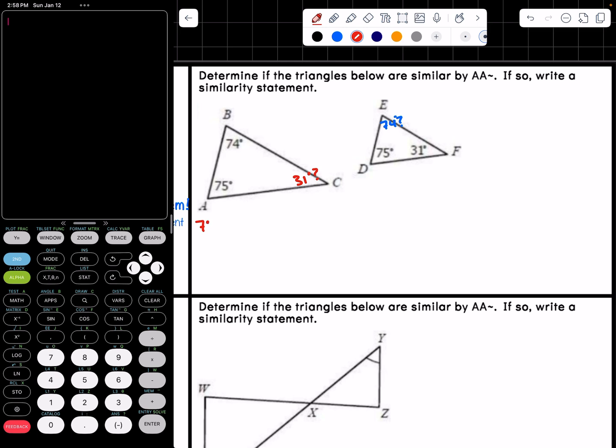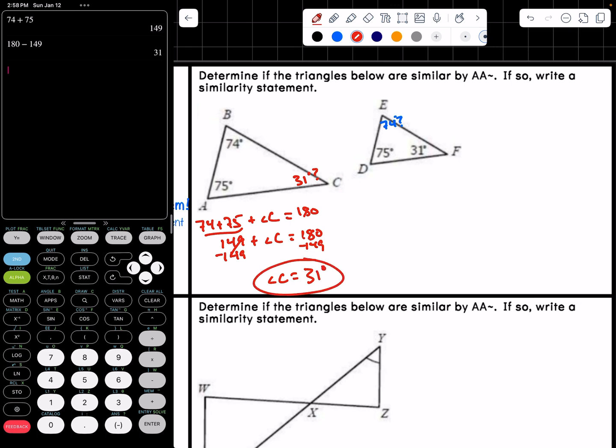We've got 74 plus 75 plus angle C. That's got to equal 180 degrees. We know that. So 74 plus 75 is 149 plus angle C equals 180. And then if I subtract 149 from both sides, angle C equals 180 minus 149, 31 degrees.